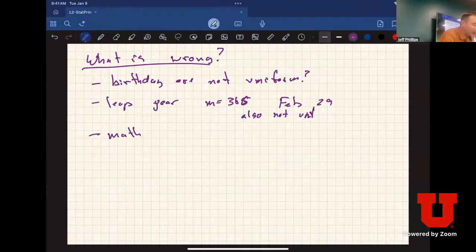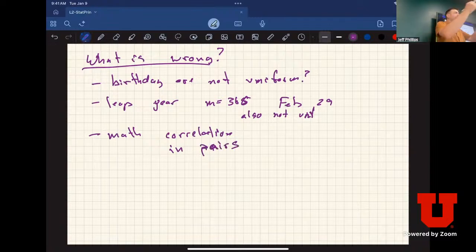There's correlation in the pairs. So the pairs of people are correlated depending on if you're conditioning on the previous people not having collided if you're checking the next person. Otherwise, you stop. If we would have run this and the first table would have had 2 people with the same birthday, we would have stopped the simulation.